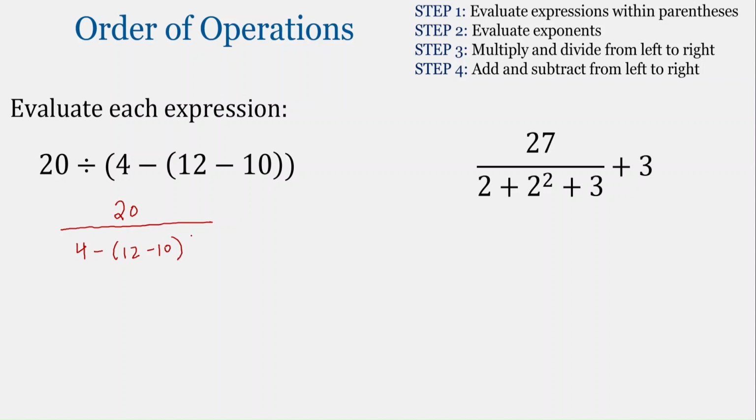And this is why when we see these things in either the numerator or the denominator of these fractions, everything in the numerator or everything in the denominator should be viewed as a group within parentheses. So that's why on this problem, we can view it like this, and we will evaluate this denominator first.